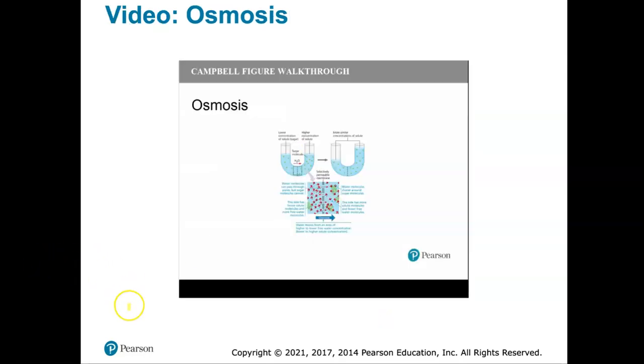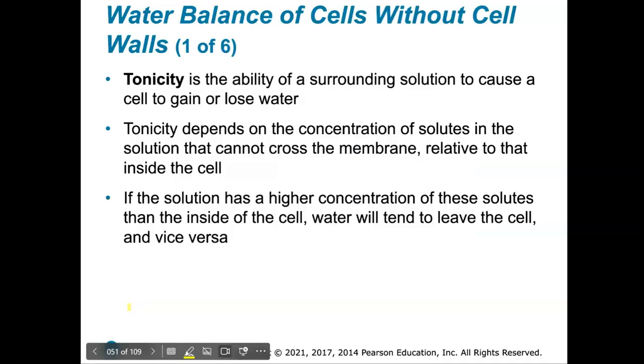There's a video on osmosis. I do encourage you to watch this one. It's slide number 50. The word tonicity refers to basically the concentration of solutions that cells are placed into will determine whether the cell changes size, whether it shrinks or whether it swells or whether it just stays the same size.